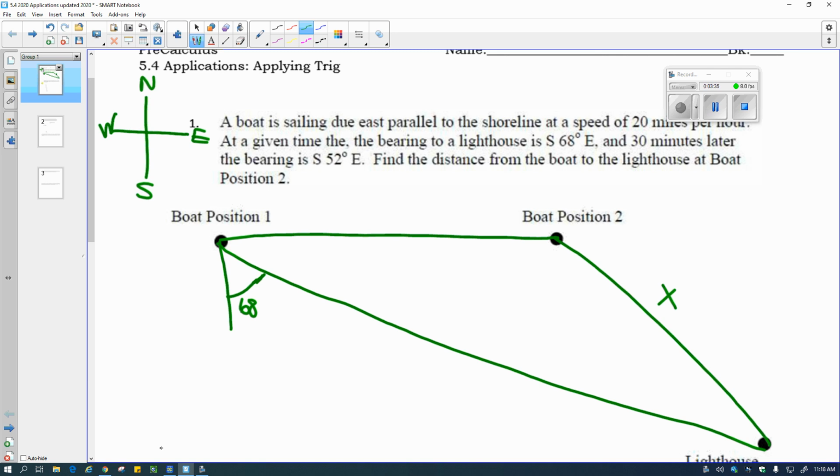So let's use that same concept for boat position 2, because boat position 2's bearing is south 52 degrees east. So from boat 2, again, if we were looking directly south, it would take a 52 degree movement of the head to get to that line of sight.